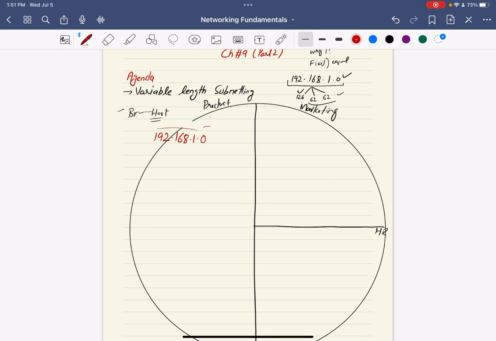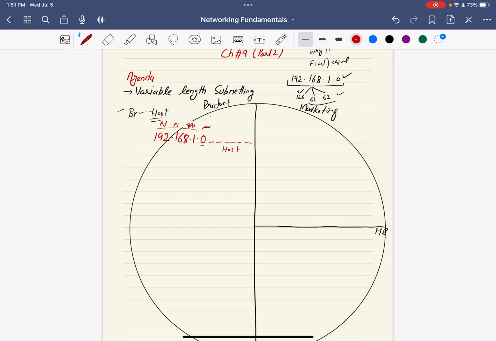As you know, it's a class C IP address, so the first three octets are the network part, and we are going to borrow one bit from here, because we just need to divide it into two at first. Now we have 1, 2, 3, 4, 5, 6, and 7. These 7 bits are reserved for hosts. Only one bit of the last octet is borrowed for the network part.